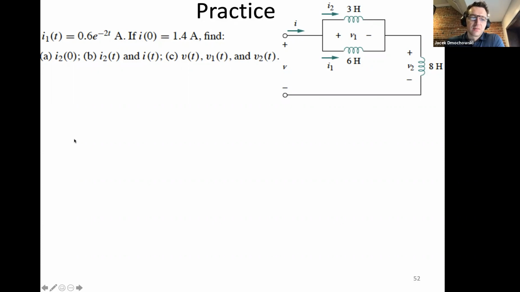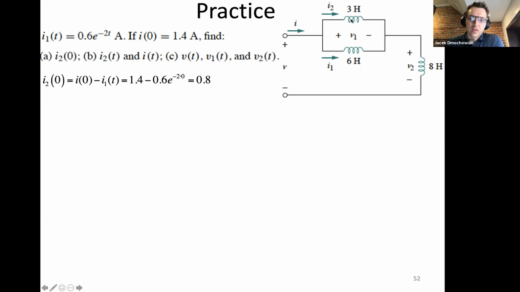Audience says 0.2. I think it's 0.8, because it's the difference between 1.4 and 0.6. So the initial value of I2 is 0.8.